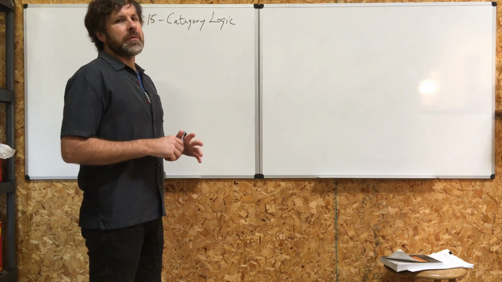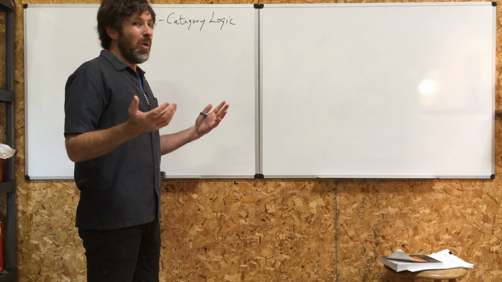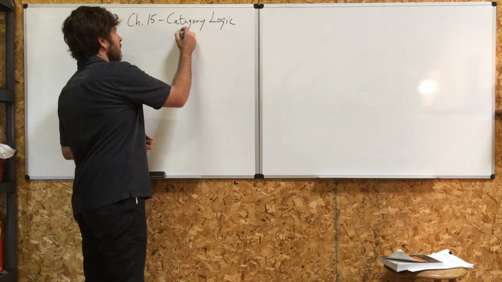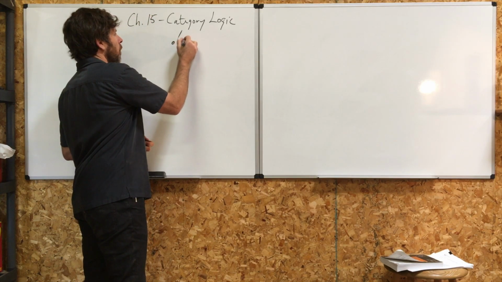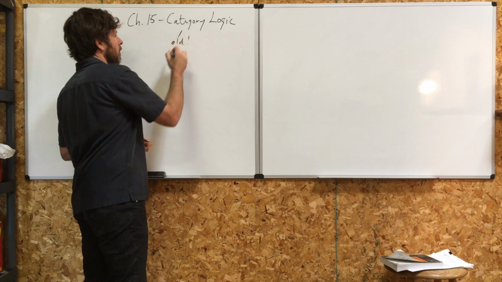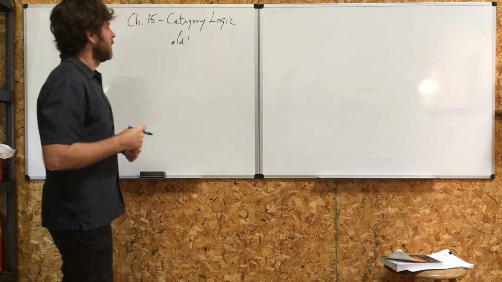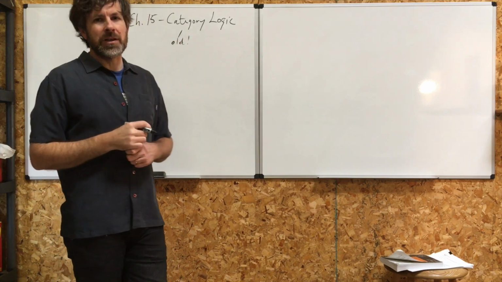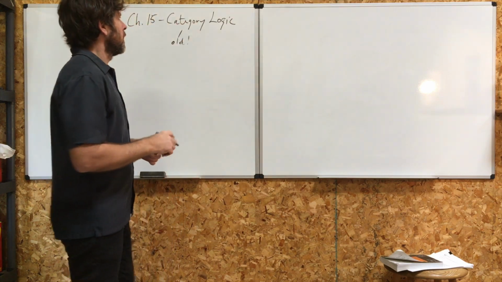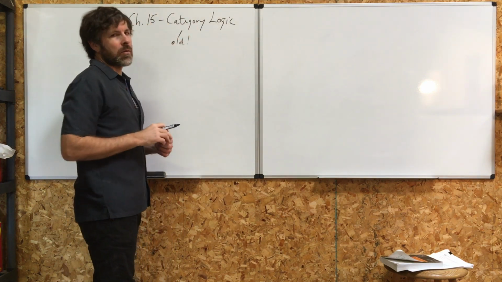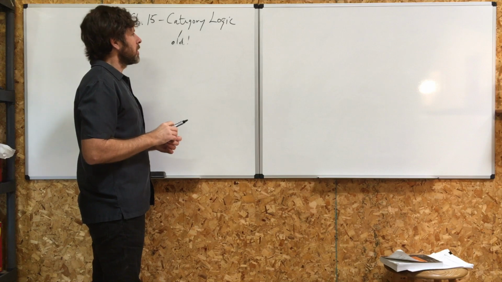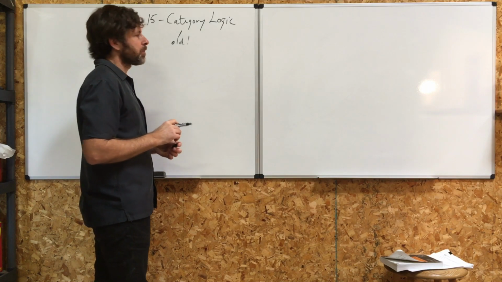Now, if category logic is so old, ancient you might say, and propositional logic is so new, why are we even learning category logic? I think there's two main reasons.